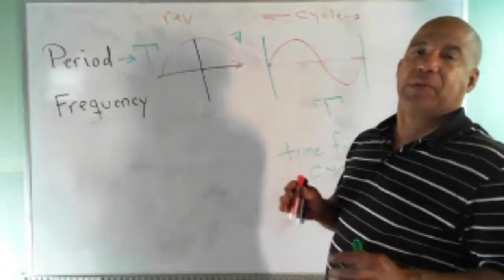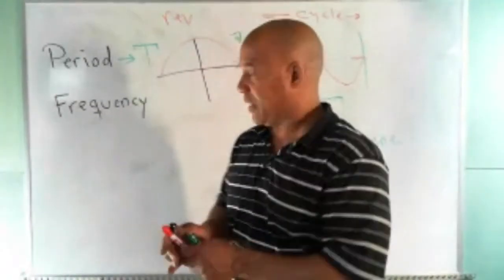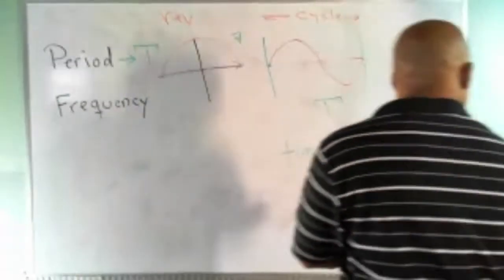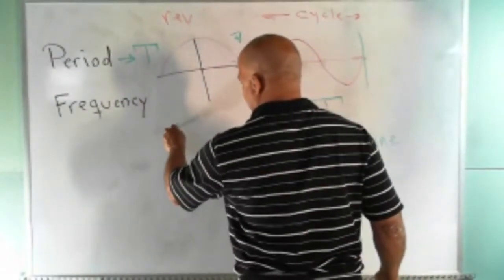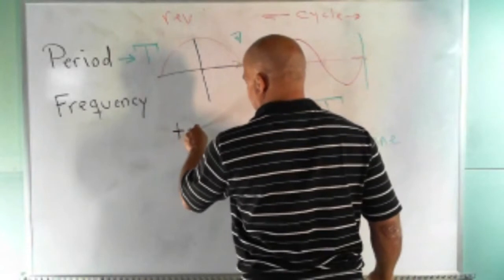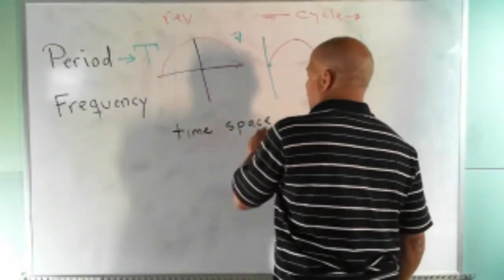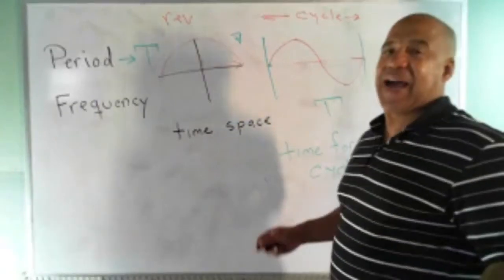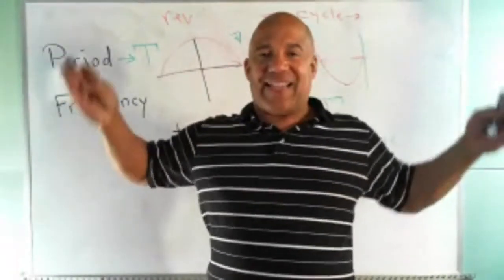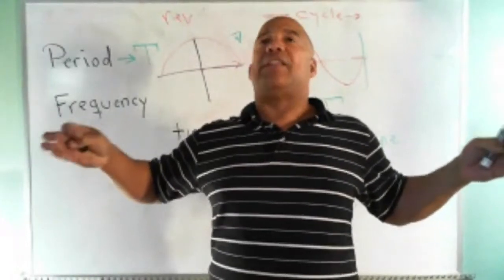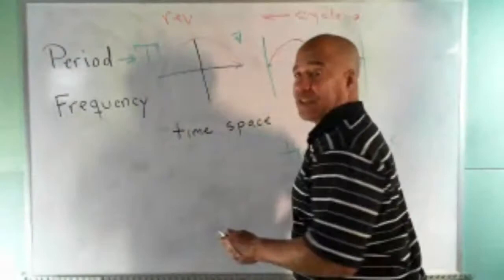Because when we look at frequency, I have this thing called a time space. Let me put that on the board. A time space. Instead of looking at an object at a fixed distance, let's look at something in a fixed time. So my time space is going to be 1 second.